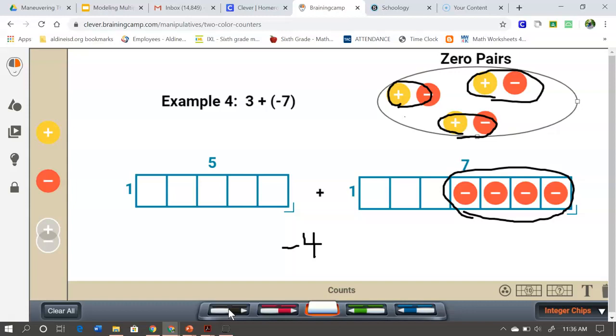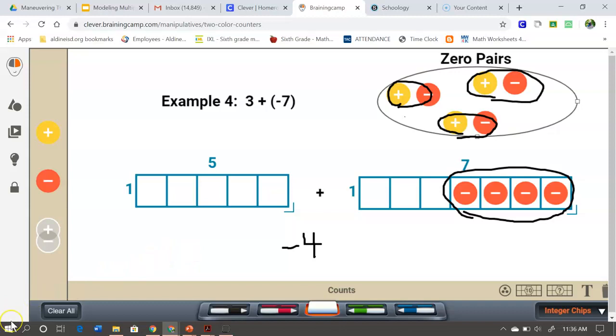Now again, if we're just looking at these numbers 3 and -7, and we ask ourselves which one has the greater value, obviously -7 has a greater absolute value. So therefore, since the -7 is greater and it's a negative, then your answer should also be negative. If the 3 was larger, then our answer would be positive. But again, that's not the case here. So 3 plus -7 is -4.